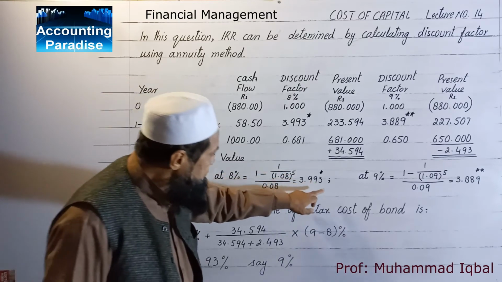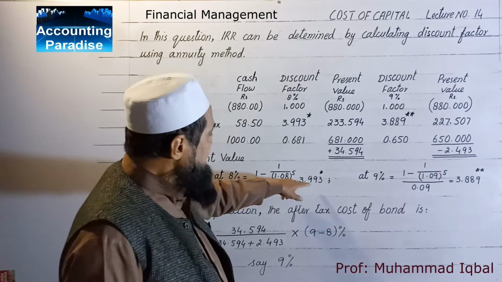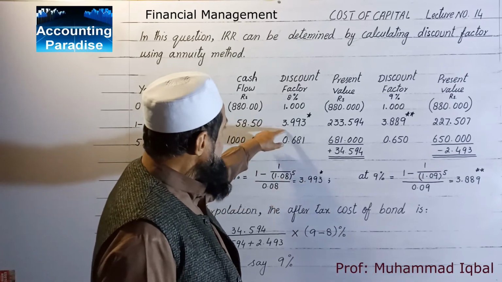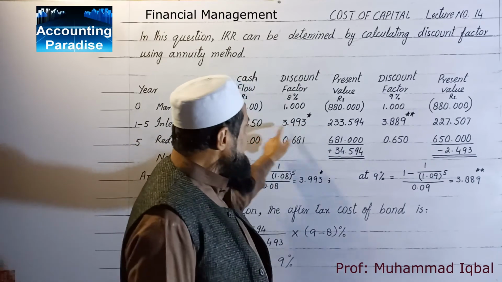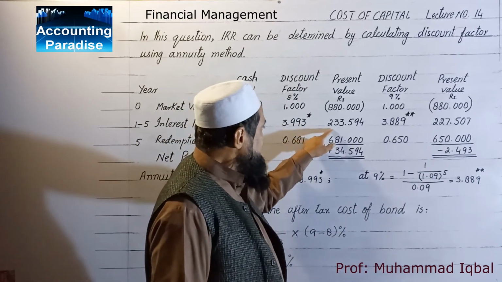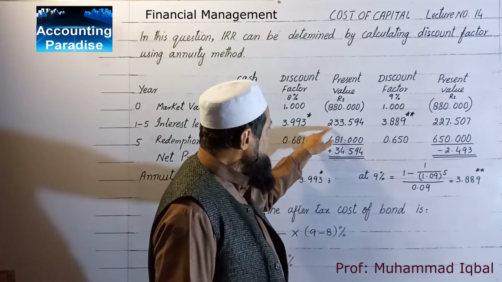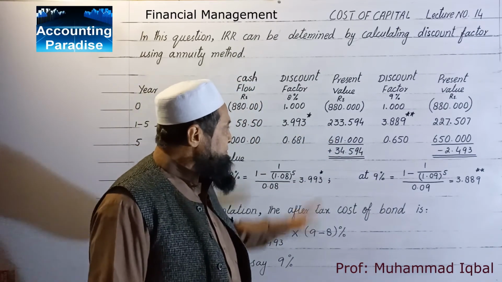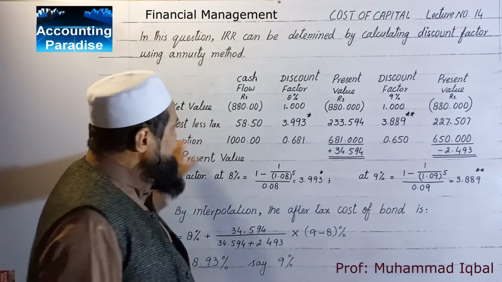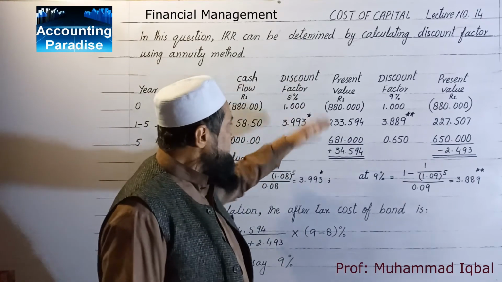It comes to 3.993 here. By multiplying this, we receive the amount 233.594, and the redemption value is the same as in the last question.